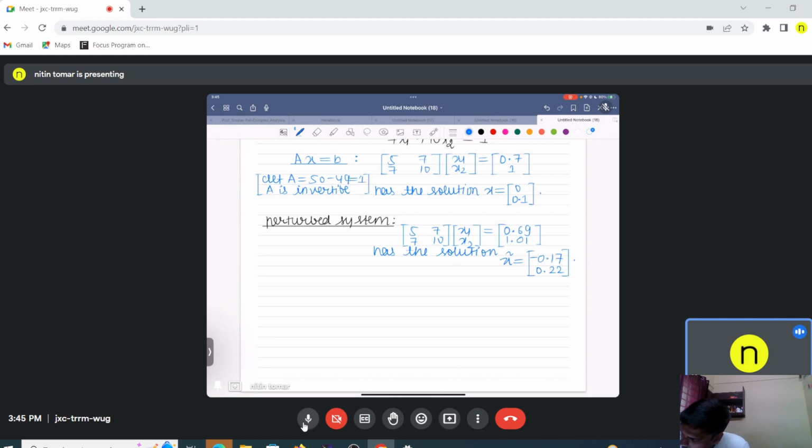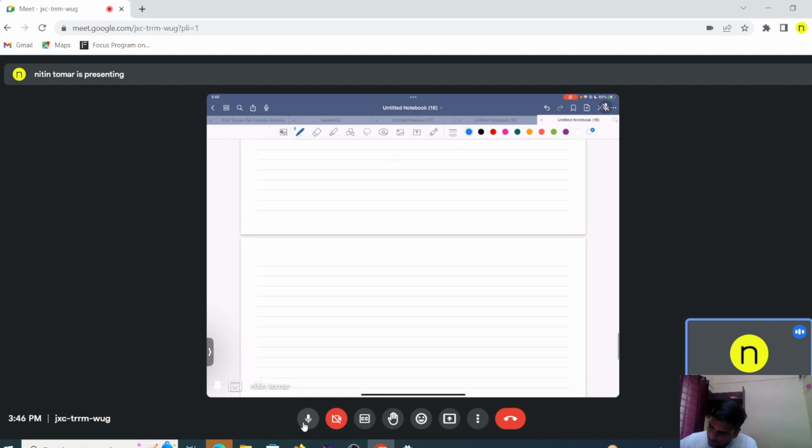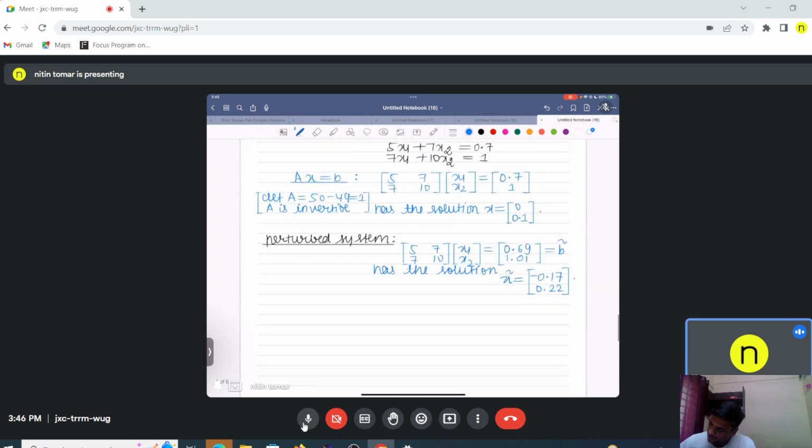Okay, and this is your b tilde. This right hand side vector is your b tilde. Now if you compute the relative error, if you compute this quantity, we want to compute the condition number.